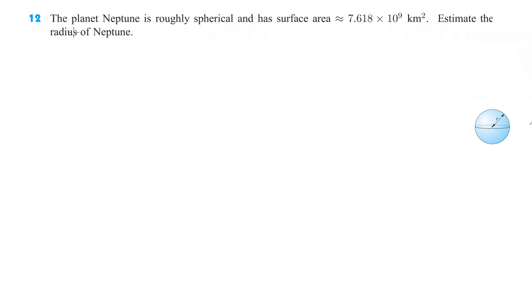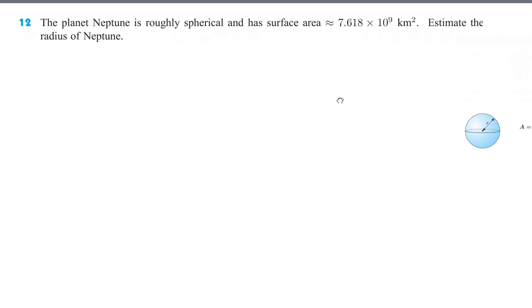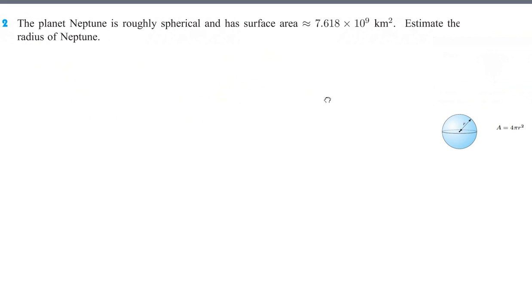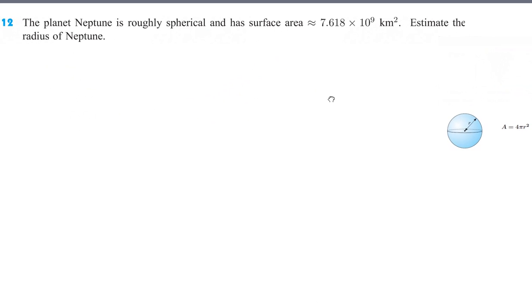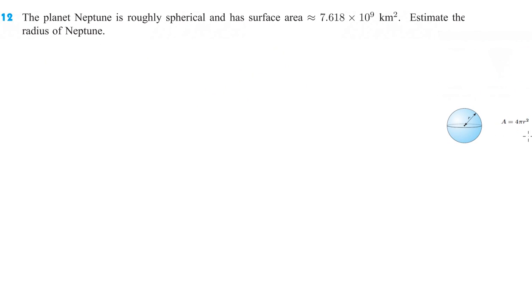Okay, and then one last one to go over is number 12. The planet Neptune is roughly spherical and has surface area 7.618 times 10 to the 9th kilometers squared. Estimate the radius of Neptune. So again, there's our formula. 4 pi r squared for the surface area of our sphere here.